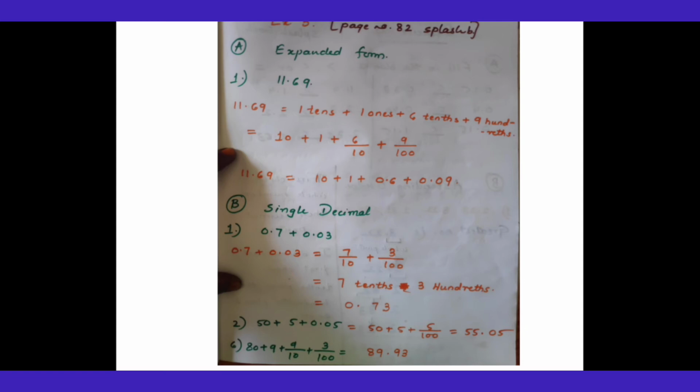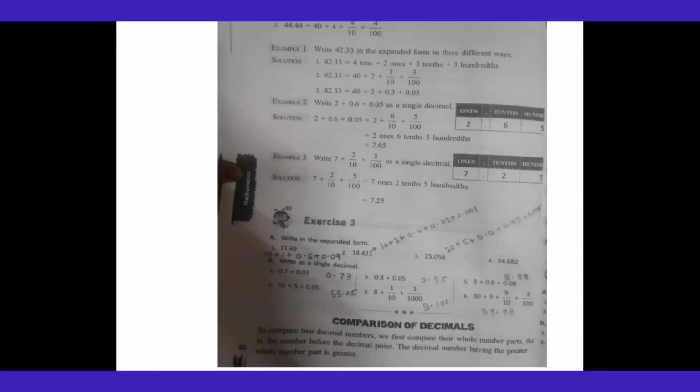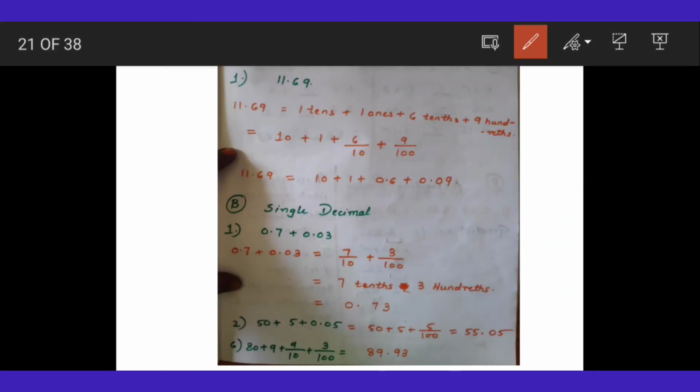Okay. Now what is a single decimal? See here, whenever there is 0.7 plus 0.03, it is the expanded form. When you combine these two numbers and express them as a single number, it is known as a single decimal. For example, 0.7 and 0.03. How will you write them?